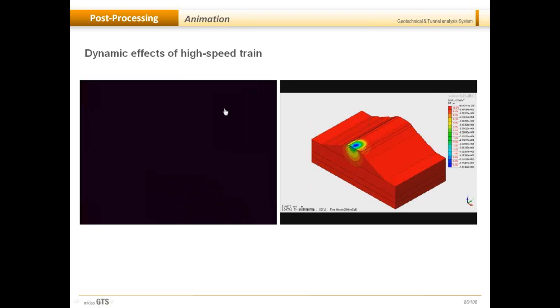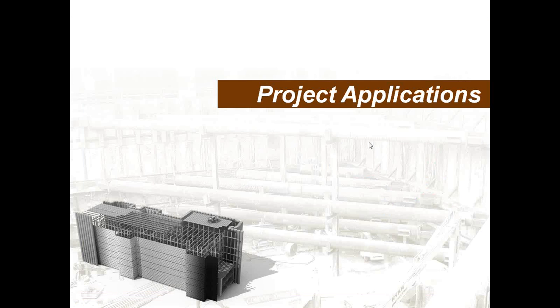Now, animation. For example, the dynamic effects of the high-speed train. Maybe you cannot see the animation on the left, but it's almost the same on the right, but you have a hole in the ground, to view the influence between the two.